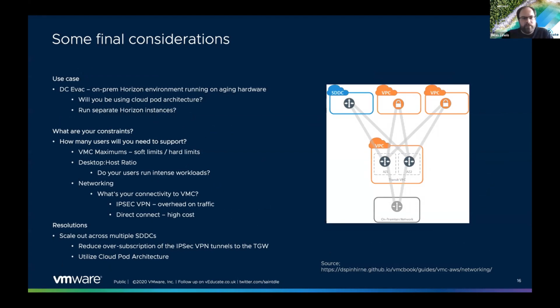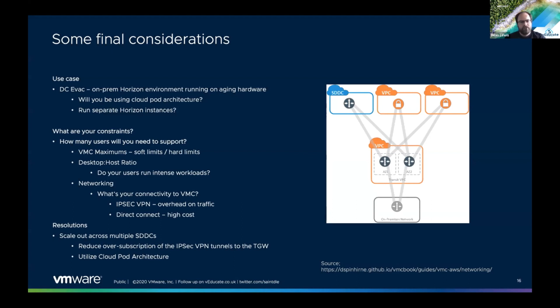So if we think about the considerations of using the Horizon offering in VMC so that you can evacuate your current data centers, some of the use cases we typically see from customers is their current Horizon environments are running on aging hardware. So they want to be able to spin up a new Horizon environment very fast, and maybe don't even want to manage hardware going forward. VMC is obviously a perfect fit for that, as are other cloud providers such as IBM and Rackspace, for example.